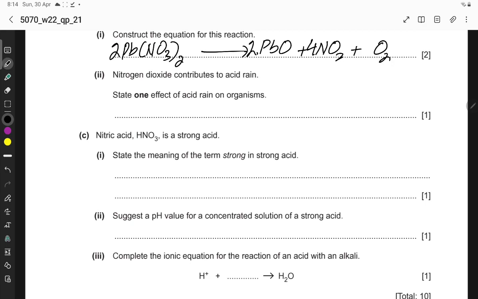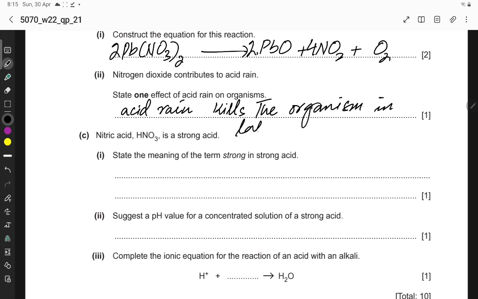State one effect of acid rain on organisms. Kills the organisms in lakes.